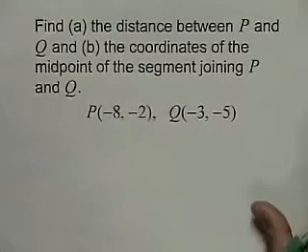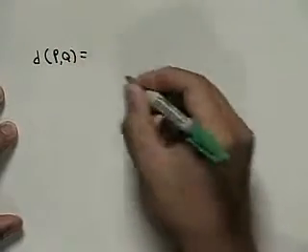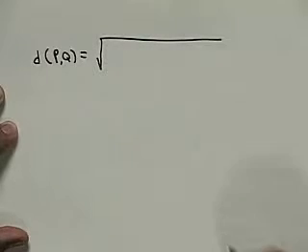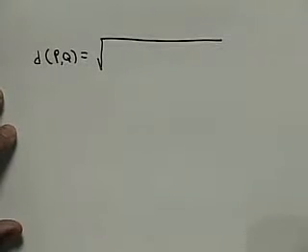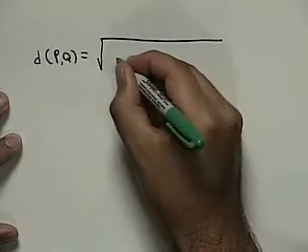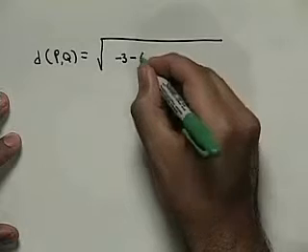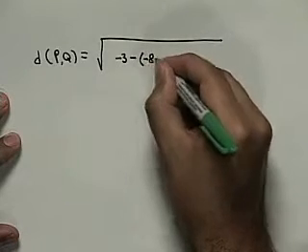So in order to find the distance between them, what we need to do is set up the distance formula. The distance is equal to the square root, and now what we need to do is take our points and subtract the x values. The second x value that we were given, on point Q, was -3, minus the first x value of point P, which was -8.